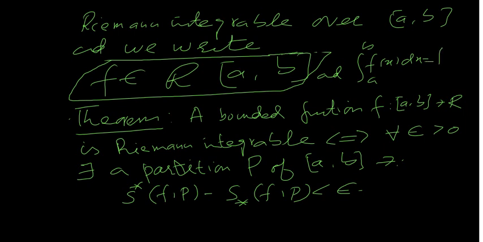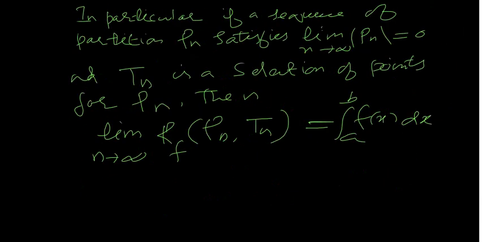This is equal to I lower star of f, which is the same as I upper star of f. So in case f is Riemann integrable, the common value is denoted by the integral from a to b of f(x) dx, which is the same as the lower Riemann integral as well as the upper Riemann integral. So this is the theorem.